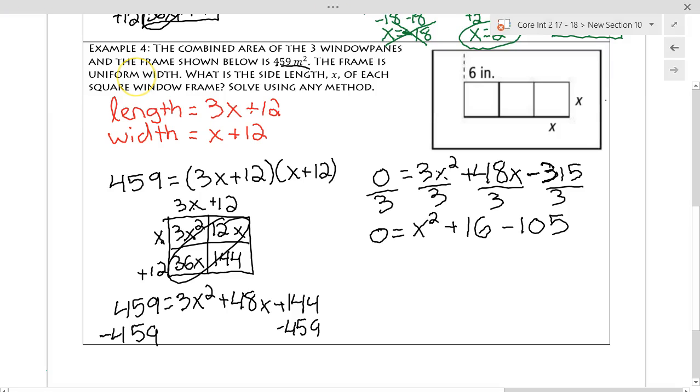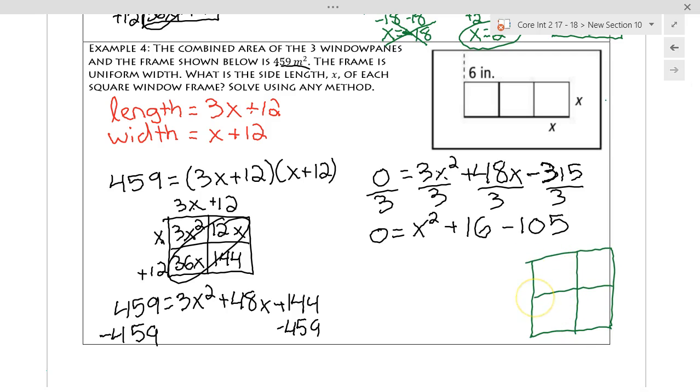All right, then finding my factors. I have x squared, negative 105. These numbers are a little big, so I'll just let you know the factors are 21 and negative 5. Okay. 21 times negative 5 is negative 105. 21 plus negative 5 is 16.